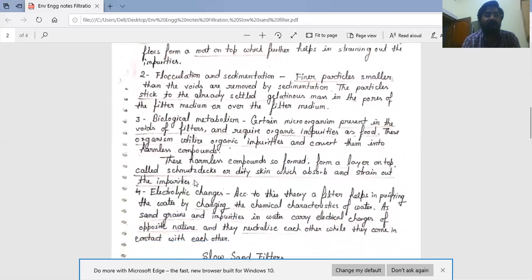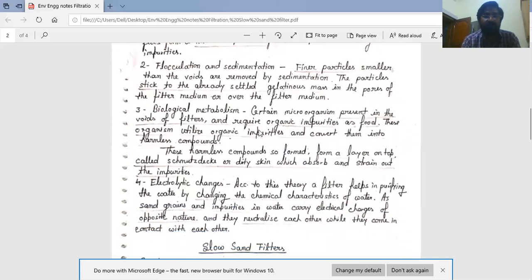Third theory is biological metabolism. In biological metabolism, certain microorganisms or certain types of bacteria present in the voids of the filter require organic impurities as food. Organic impurities are the food of that bacteria.